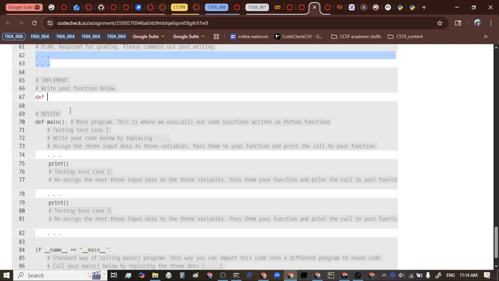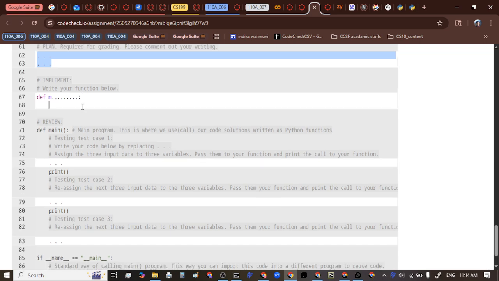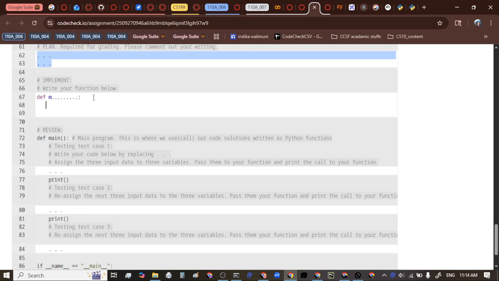Let's say your function starts with M, and then you have a whole bunch of things, and then a colon. Make sure to align your next line to the first letter of the function name, even though code check probably shows it one ahead. So the docstring should start right there.